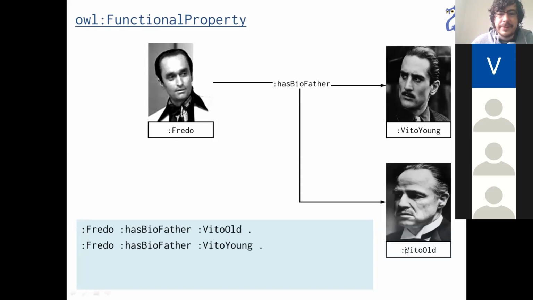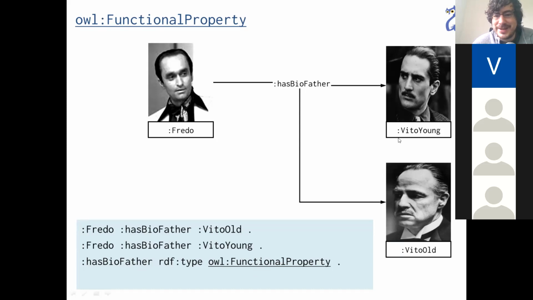So what can we infer from this? So if we define that has biological father is of type functional property, it means that something can only have one value for has biological father. So intuitively, we might think firstly that, okay, this is inconsistent because there are two values here. We've stated that Fredo has two biological fathers, and here this is saying that Fredo can only have one.